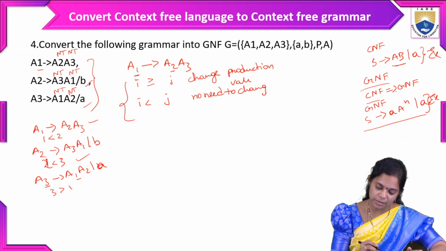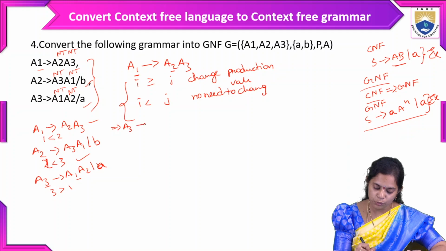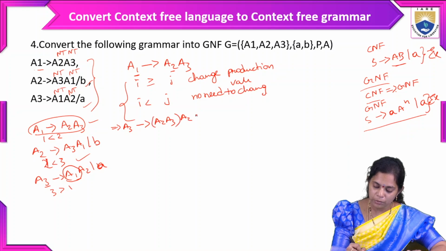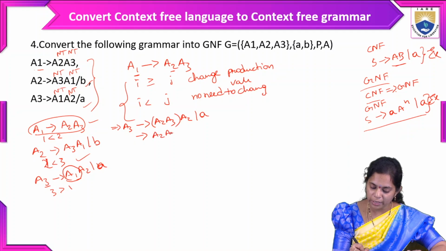How to change it? We take this A3, A3 tends to, and instead of this A1, we substitute the production of A1, and we will get A2 A3 A2.